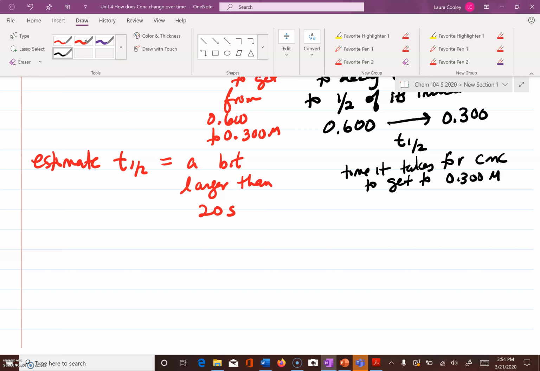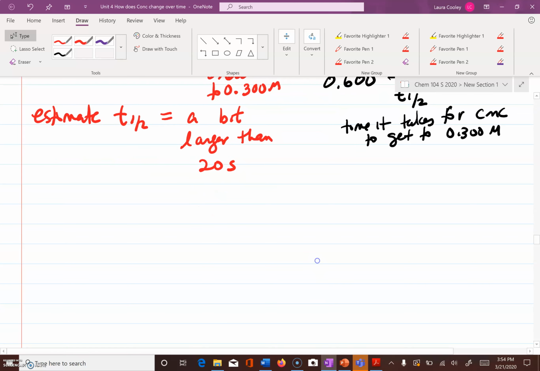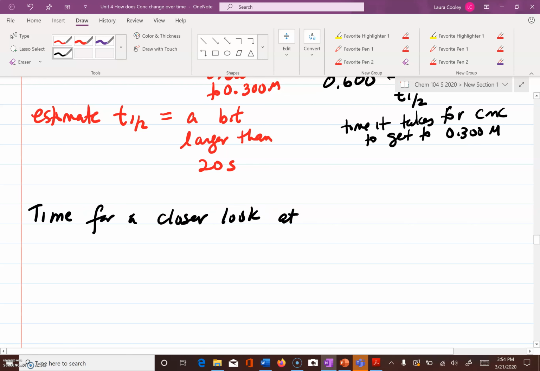So what I'm going to do is take a closer look at this equation, the equation that we've been working on for a while.